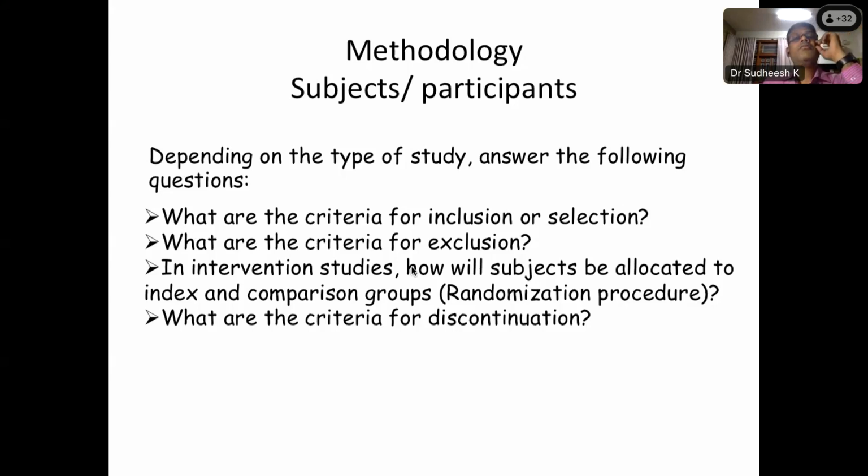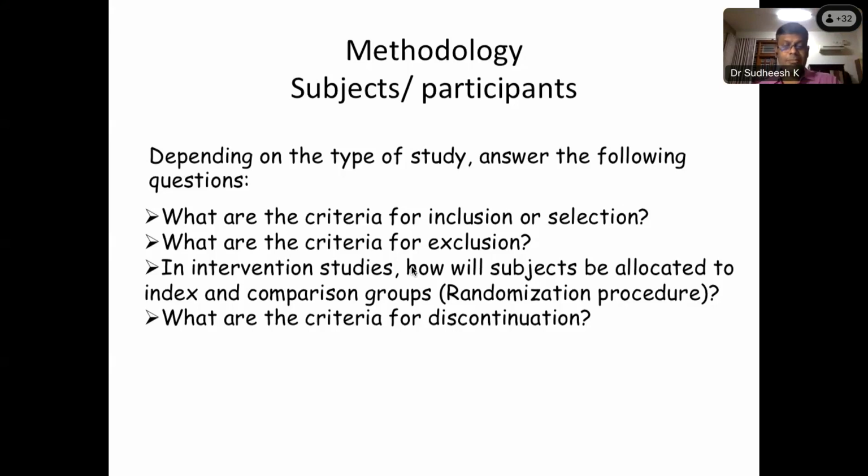Once you have collected the number of patients based on inclusion and exclusion criteria, how they will be allocated into the intervention as well as the comparison groups is done by a procedure known as the randomization procedure. That means it's not necessary that all the patients should be included in the intervention group only, or all in the comparison group only.